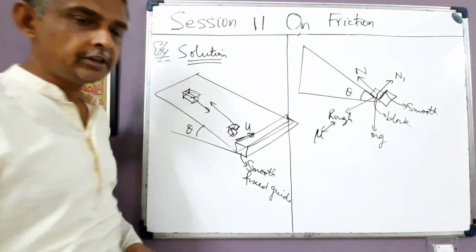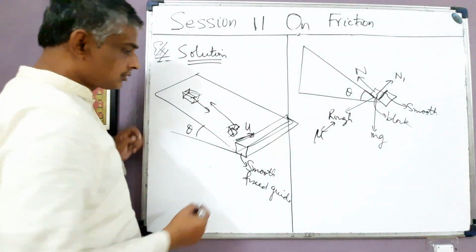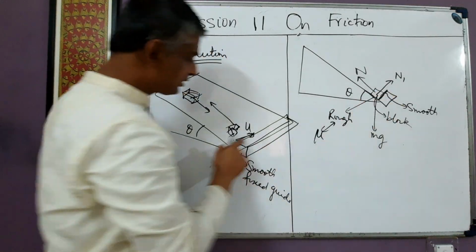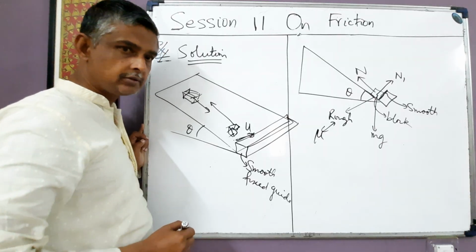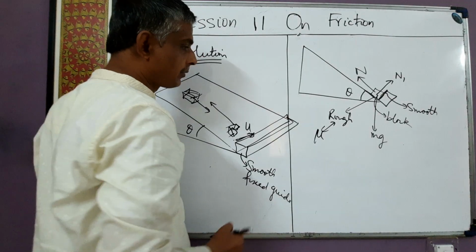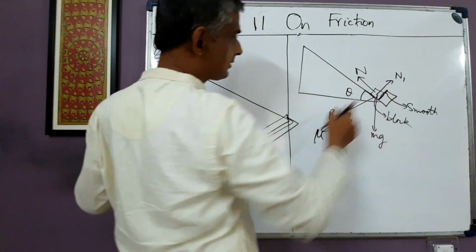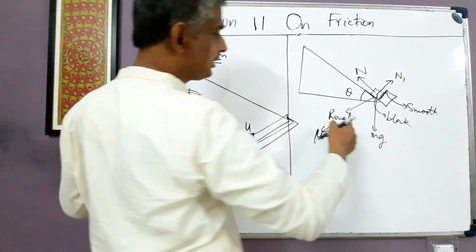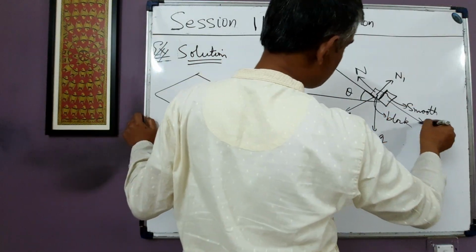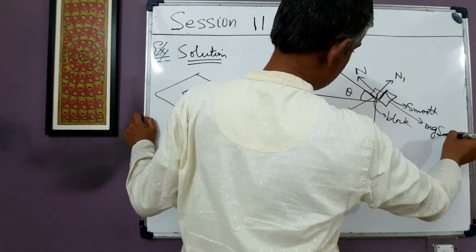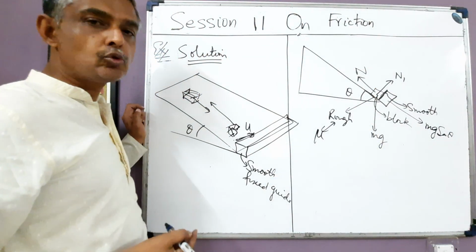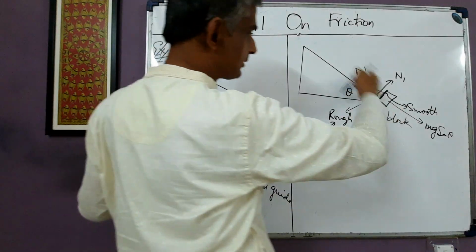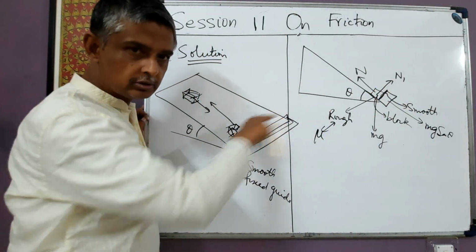So this is the 3D view of the situation. Now what I do, I first determine its acceleration. See, mg has a component down the incline, mg sin theta, and N is just equal to mg sin theta, equal in magnitude, opposite in direction, because the block has no acceleration in this direction while moving along the guide.